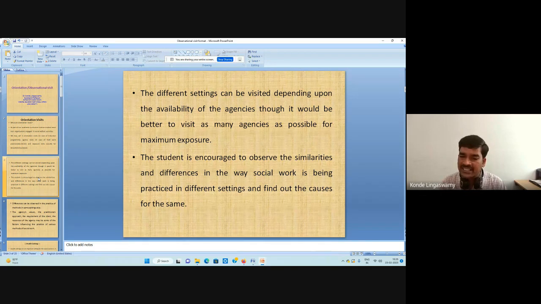Different organizations practice in different ways, and find out the causes why they practice a particular way. Why are they practicing only in a health setting, only an education setting, a community setting? Why are they focused only on women, only on education, only on children, only on a correctional setting? So here you can understand the similarities and differences in the way social work is being practiced in different settings.